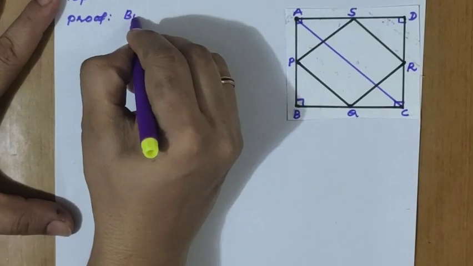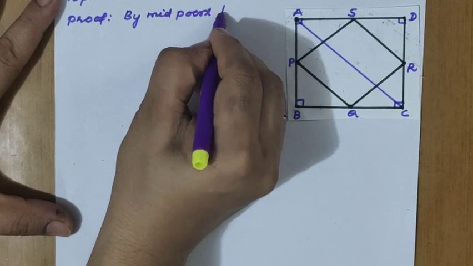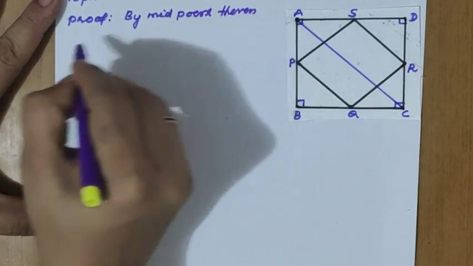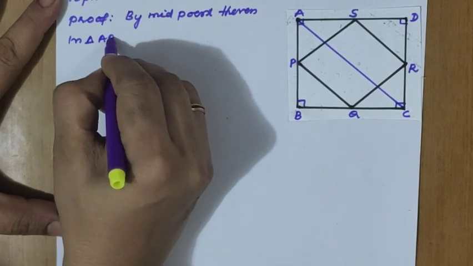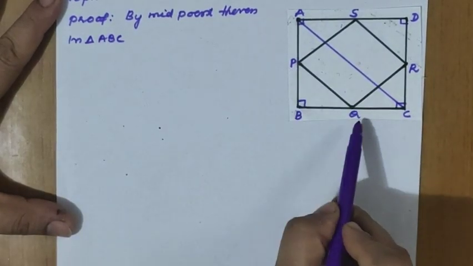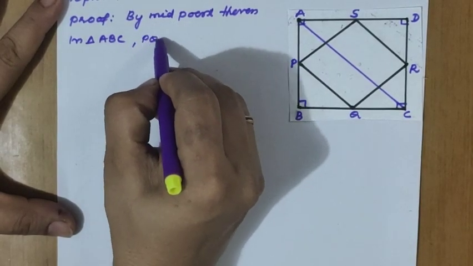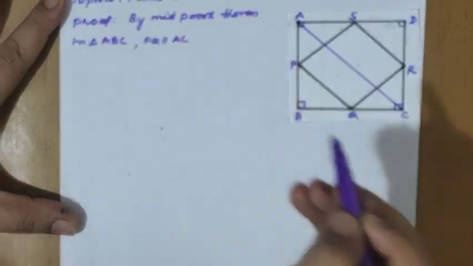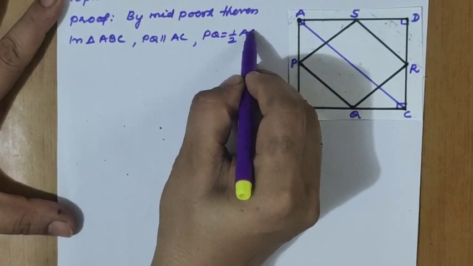By midpoint theorem, in triangle ABC, the line segment PQ is joined by midpoints. So PQ parallel to AC, PQ equal to half AC.